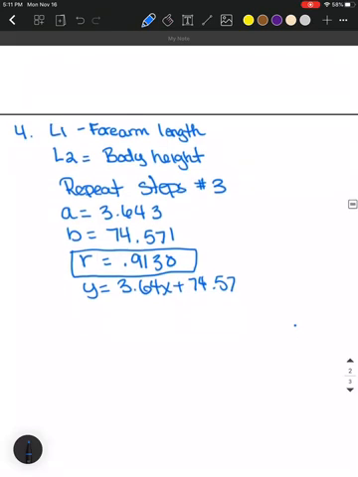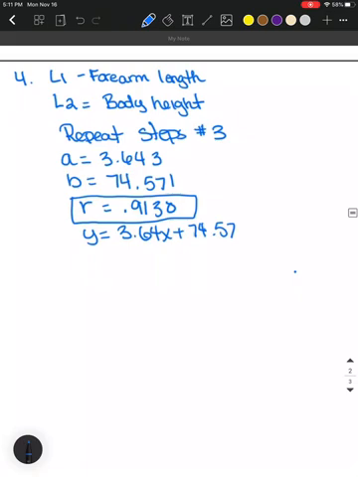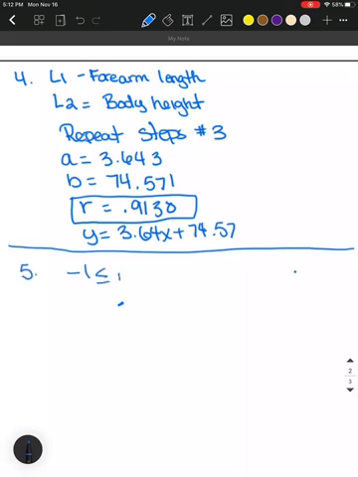All right, number 5. So number 5, they just want us to estimate our R value. And so you have to remember that our R value ranges from -1 to +1.